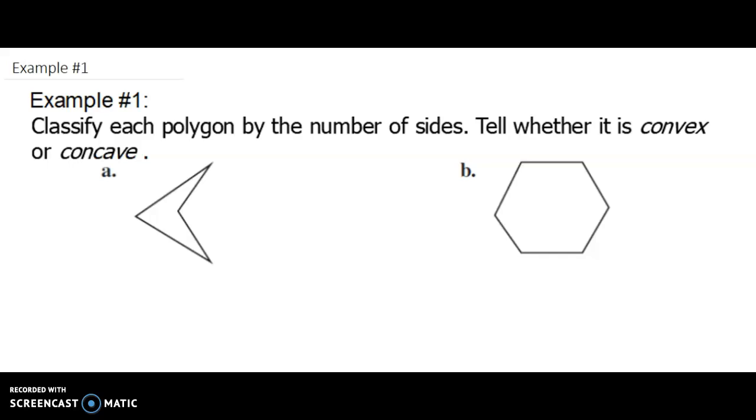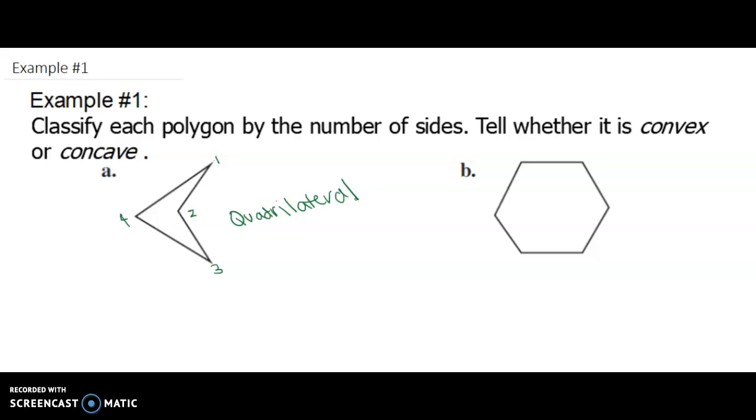All right, so in example number 1, classify each polygon by the number of sides and then tell whether it's convex or concave. All right, so let's do both by the number of sides. So on A, here's 1, 2, 3, 4 angles, so there's also 4 sides. So that would be a quadrilateral.